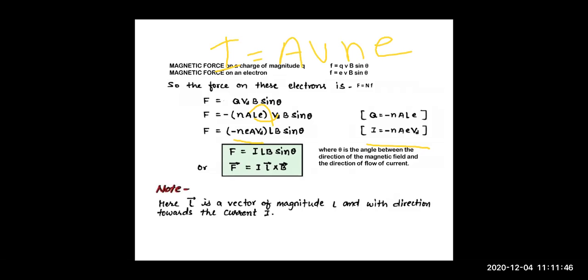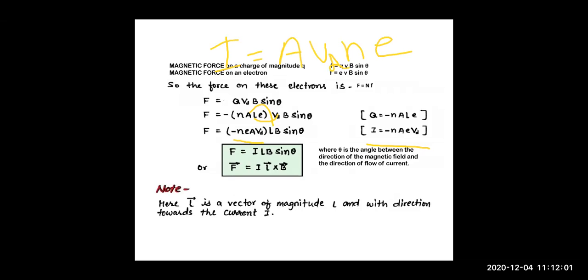You can remember in terms of Avni. I is your current that is flowing through the wire, that is AVnE, and your velocity is your drift velocity. This is from the chapter current electricity, right?